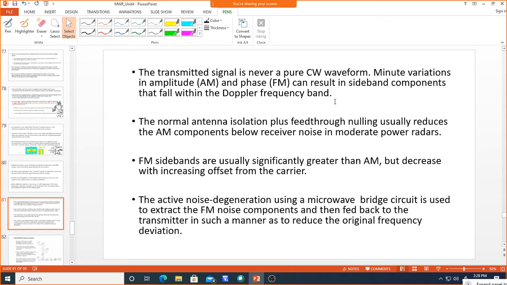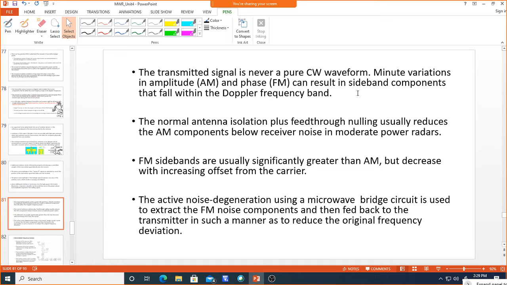Those sideband components which are not within the Doppler frequency band are no problem. Whenever you have lower frequency sidebands like FC plus FM, immediately after FC, if you mix those sideband components with the mixer, it will cancel the carrier and you will get the intermediate signal and the frequency of the message signal FM. If the sidebands lie within the Doppler frequency band, we have to remove those, and whatever remaining message or Doppler frequency is achieved will be retained.